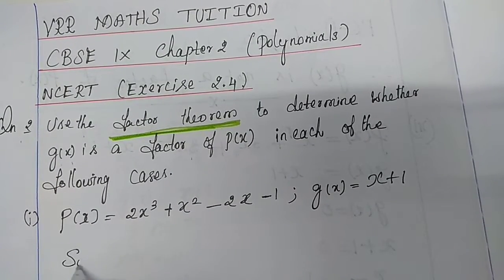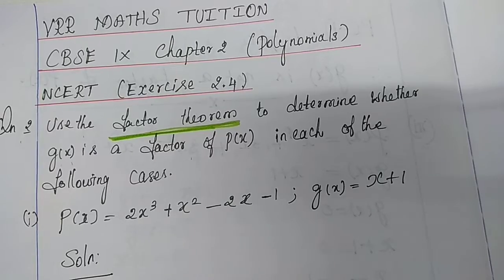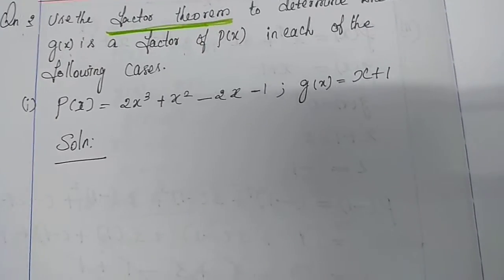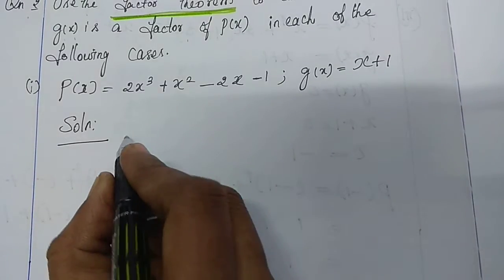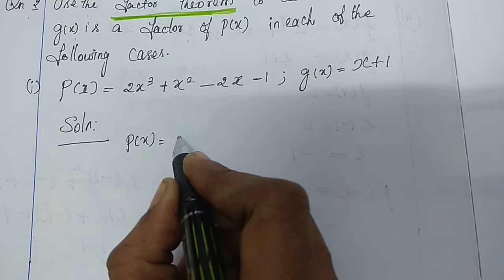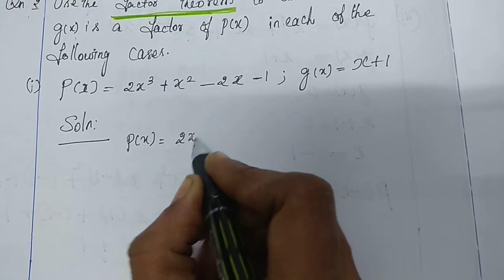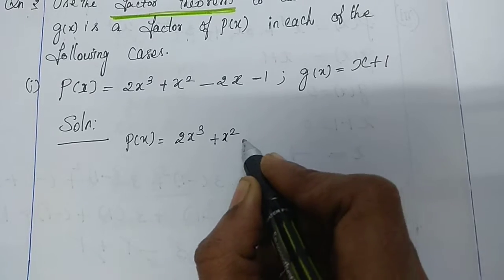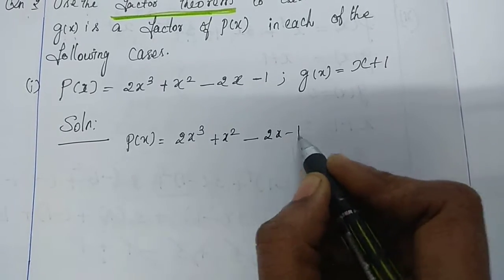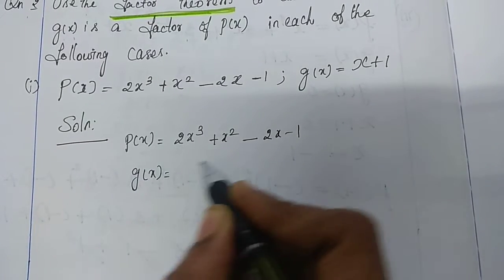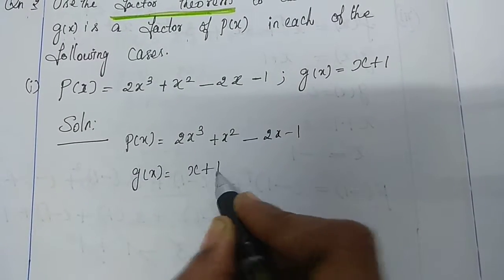Solution. Our p of x is equal to 2x cube plus x square minus 2x minus 1, and g of x is equal to x plus 1.